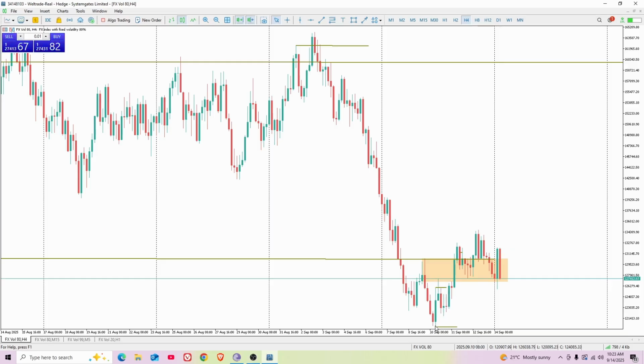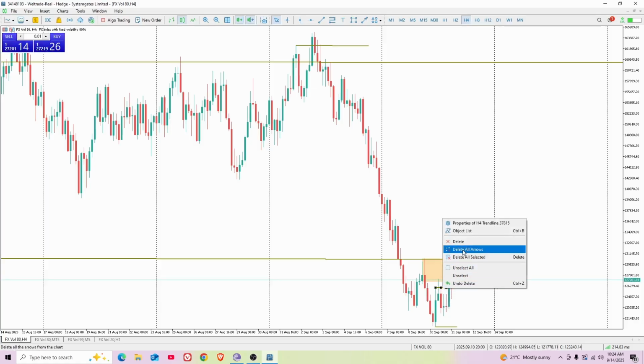Unfortunately, we didn't reach our CRT low. That's where you then exit at 50%. You still remember the rules of the CRT candle. You take your entries targeting the 50, then the low. So you would have targeted the 50%, you were fine, right? So let's just close that.